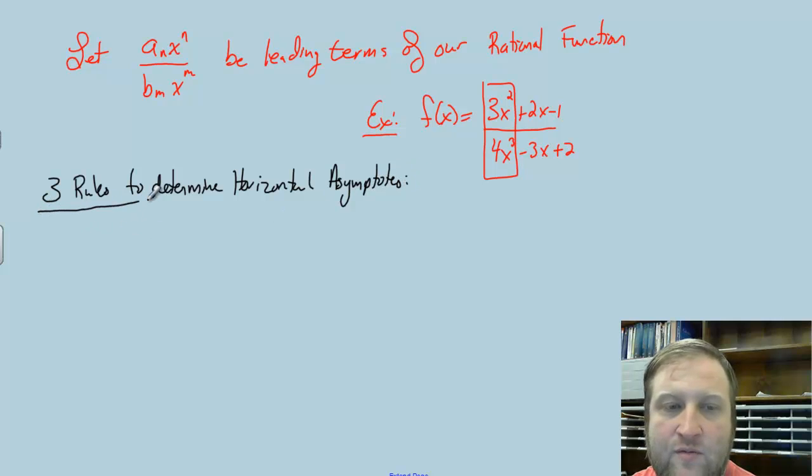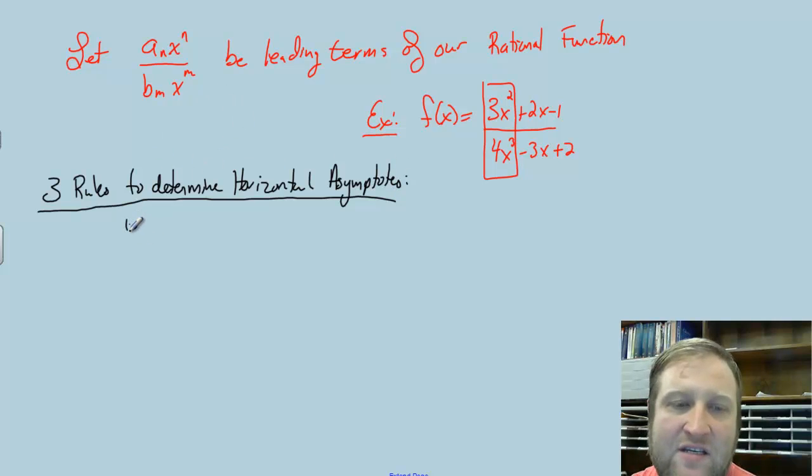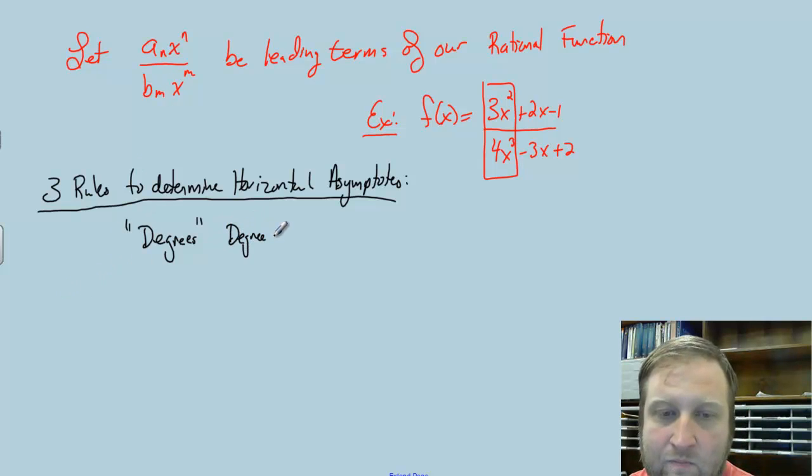There's going to be three rules that we're going to use to determine horizontal asymptotes, and they all have to do with degrees. We're going to talk about the degree of the numerator in relation to the denominator. We'll say the degree of the numerator is equal to a value of n.